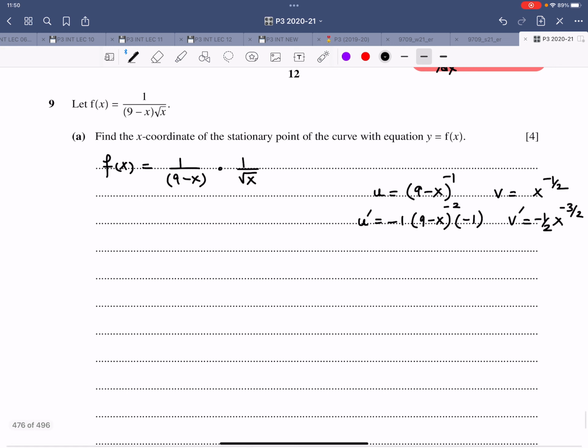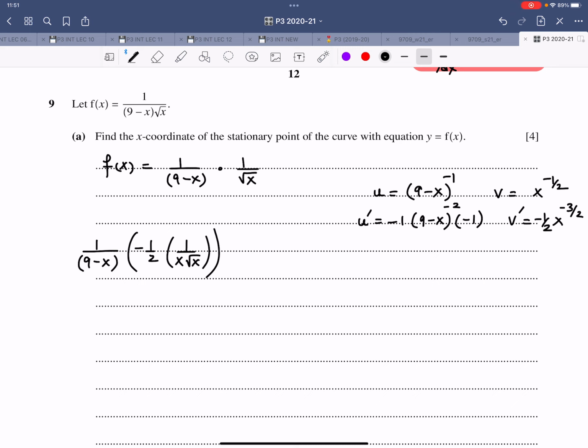So u v prime, that is 1 over 9 minus x, let me write it like this, multiplied with v prime, which is minus half x raised to the power of minus 3 over 2, minus 1 over 2, and this is 1 over x raised to the power of 3 over 2, which is x root x. That is u v prime, the first part.